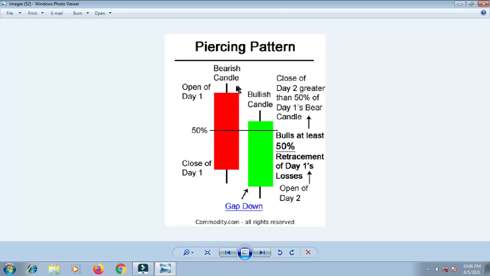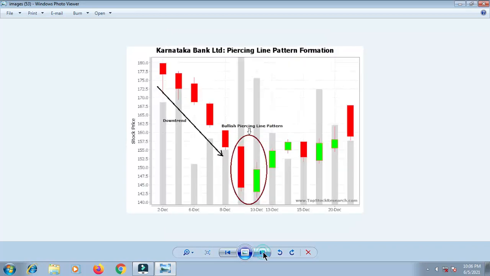But here it won't go all the way up; it will go only 50% or a little bit higher than 50% of the previous day candle and close within this candle only. That is called a piercing pattern. Same way, I will show the difference.